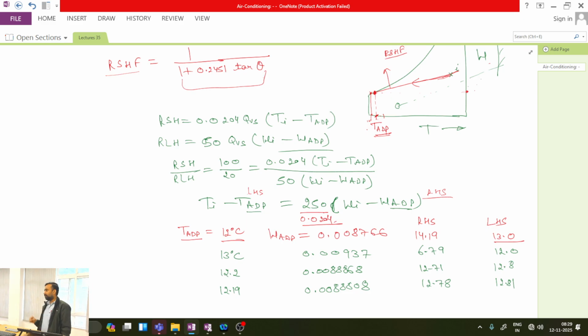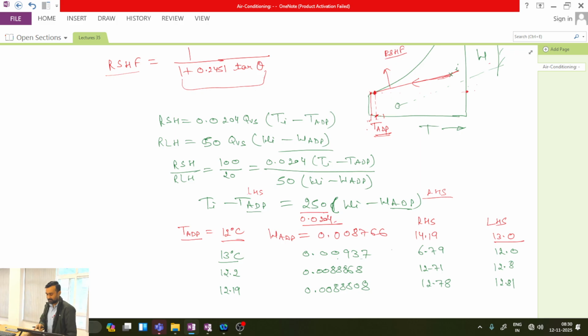Okay, and from that property table of the moisture, corresponding to a given value of ADP, I can simply calculate the value of W. So if I am referring to the table, then I will always get the exact value. Is this one clear? From the table, I will always get the exact value. So that's why whenever you are trying to do it using the analytical method, it is better to go for the table.